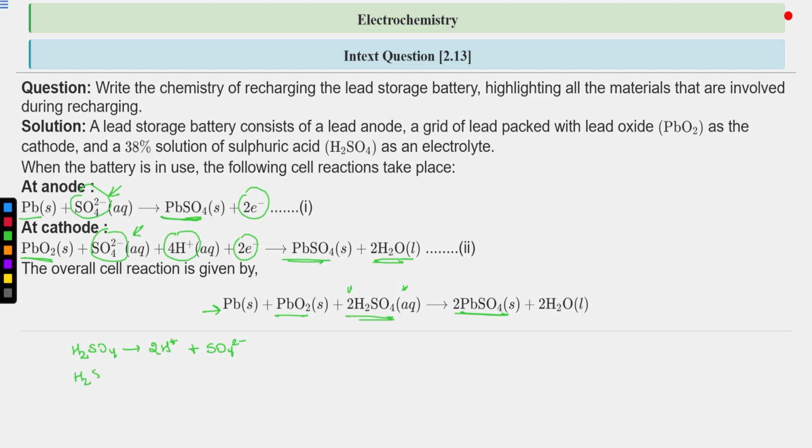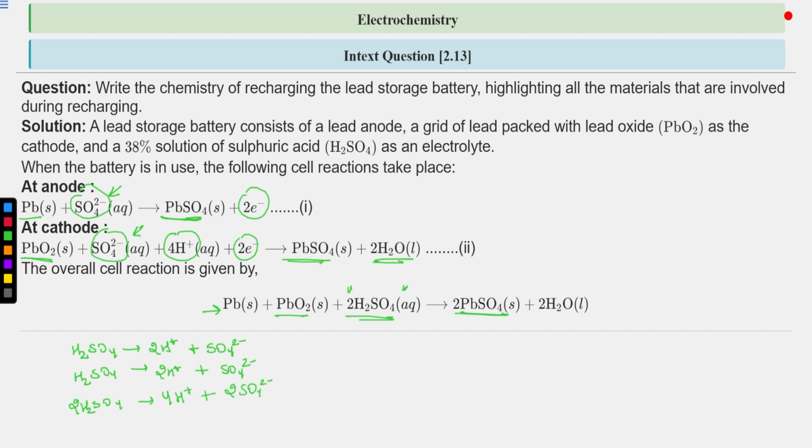Let's suppose we are taking 2 molecules of the H2SO4, so it will also produce 2H positive plus SO4 2 negative. Now if you join these two dissociating reactions, 2H2SO4 will give you 4H positive plus 2 SO4 2 negative, right?